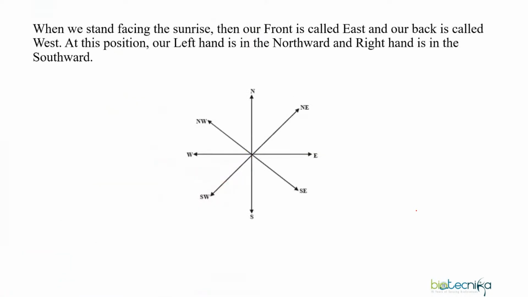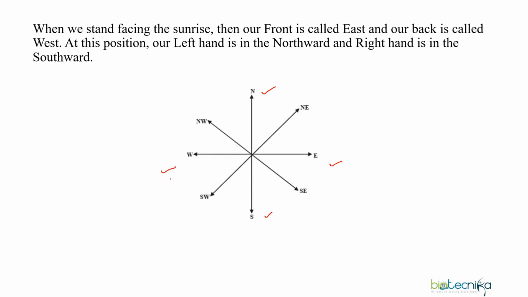Okay, so to start with distance and direction, first of all you have to understand the directions. We know that in this particular diagram, this is north, downwards is south, east and west.